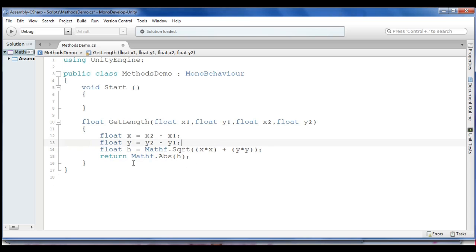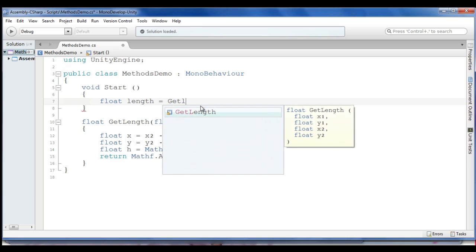We are going to get the length in this way. Now whatever value we get, let us check it out. Let us get the length first. The GetLength function is going to give us the length. Now let us call the function. Let us take one float variable which is going to give us a length, or you can say distance, whatever you say.